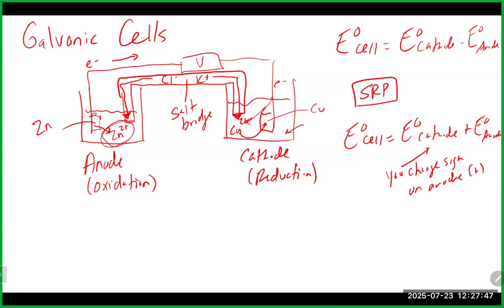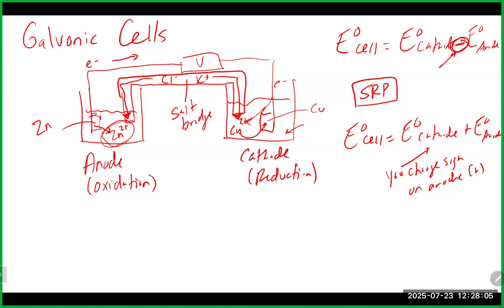Now, if you don't want to worry about changing the sign, you just want to grab the value from the table, then you should subtract, as we talked about last time. Really, the purpose of the subtraction is to change the sign on the anode. So it'll just do it for you without you having to worry about should I change the sign or not change the sign.